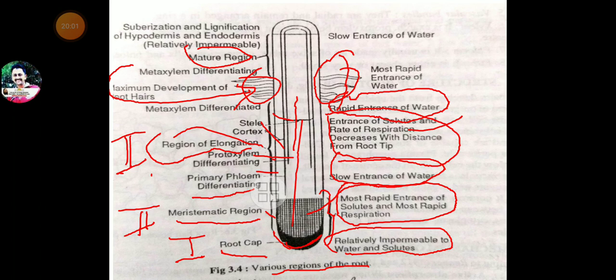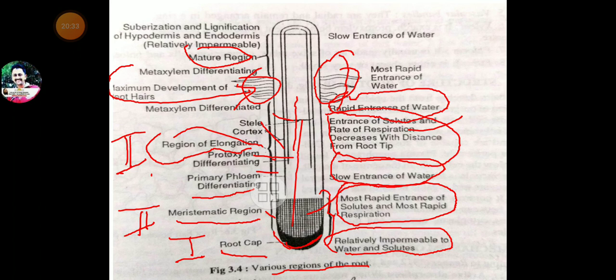And then we have seen the most important sketch, that of the various regions of the root. In it we have seen the root cap, just behind it the meristematic region, and behind that the region of elongation. Then comes the region of maximum development of root hairs, followed by the mature region.